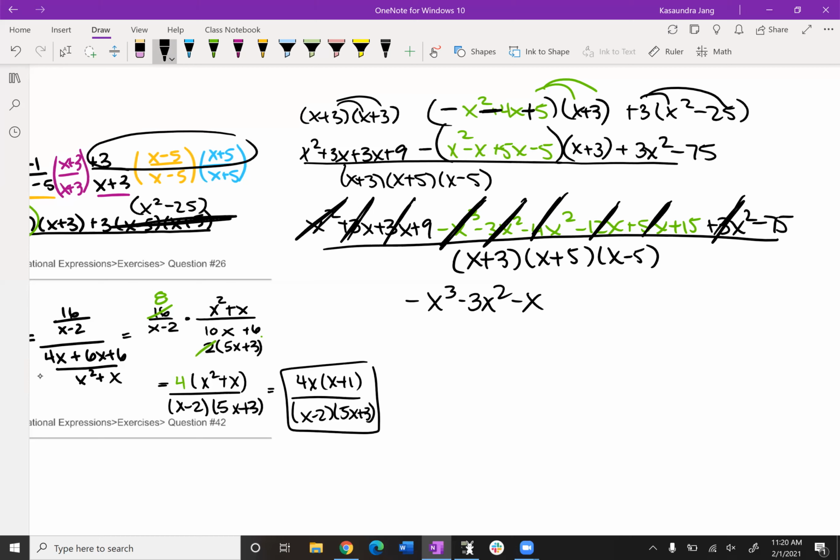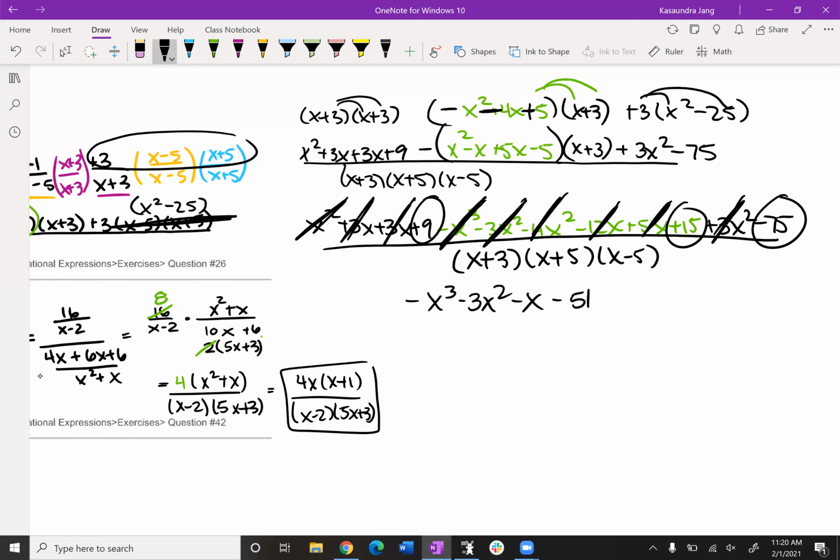Next up are the constants. So let's see, a positive 9 and a positive 15, so I'm up to a 24. 24 and then a negative 75. So 24 minus 75. I think you guys know 25 minus 75 would be a negative 50. My 24 minus 75 is going to be a negative 51.